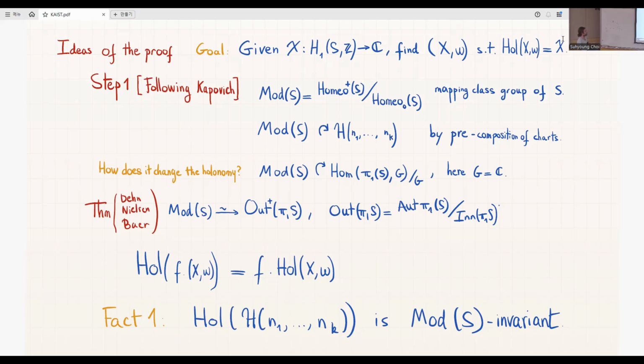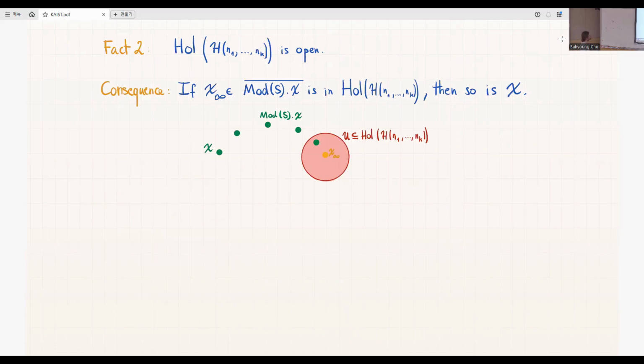The holonomy of f·(X, ω) is f applied to the holonomy of (X, ω). So what I'm trying to say here is that the set we're trying to characterize is invariant under the action of the mapping class group. So that's one fact. And another fact that I'm not explaining, but which is true, is that this set that we're trying to characterize is open.